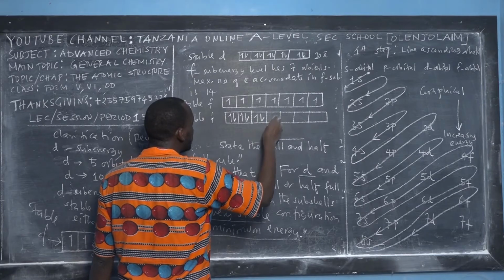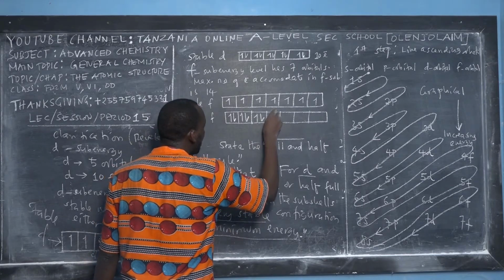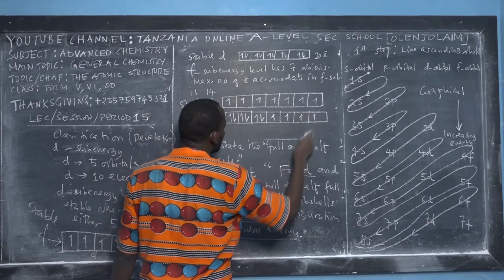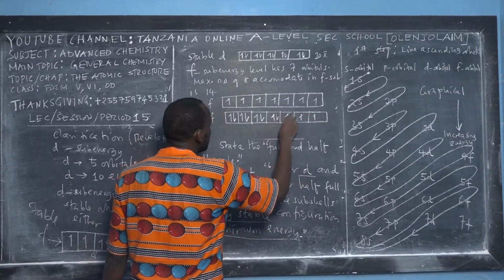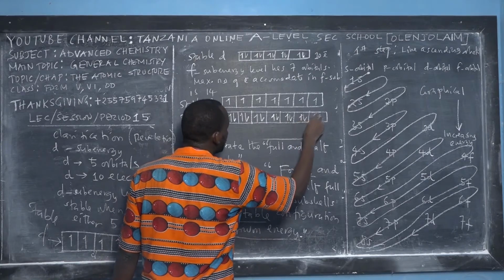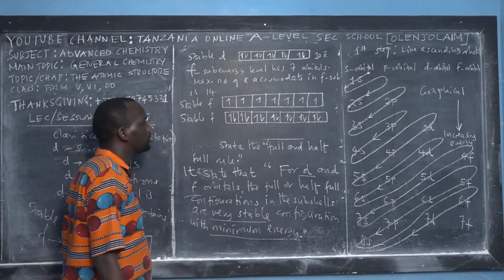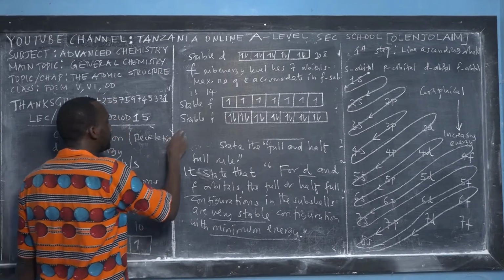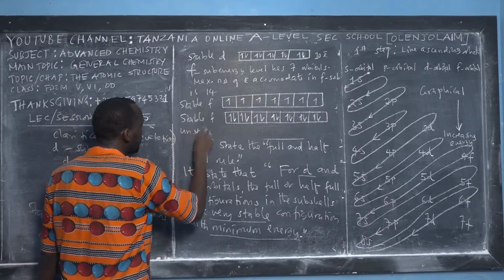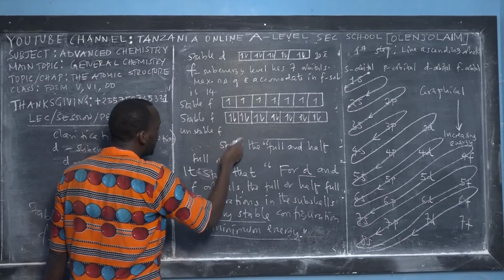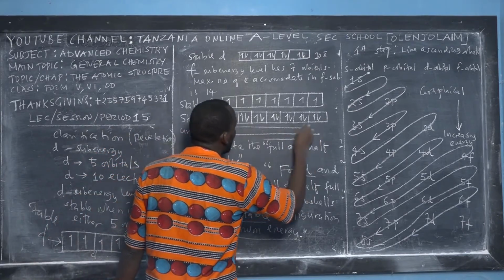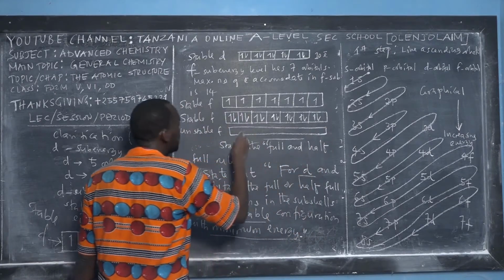But you have to follow Hund's rule first. You have to fill 1 electron in each orbital. Then the remaining electrons are enough to pair each orbital. So that is stable. For example, unstable: you might not be confident enough.